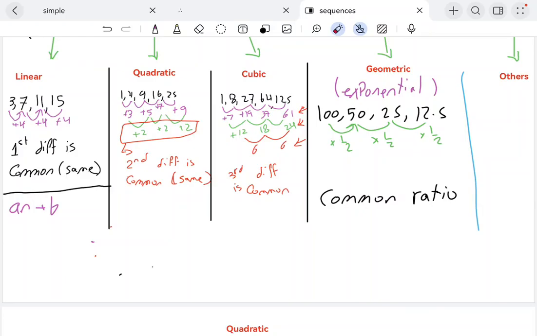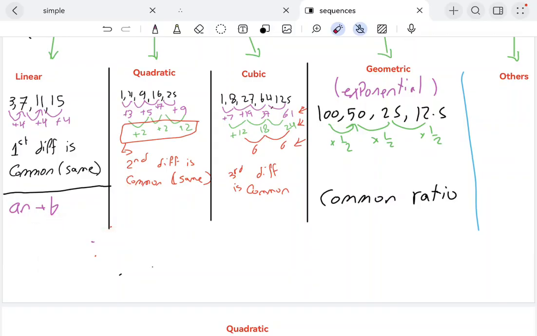If you know how to find a and how to find b, then you get the nth term. So a is simply the first common difference.